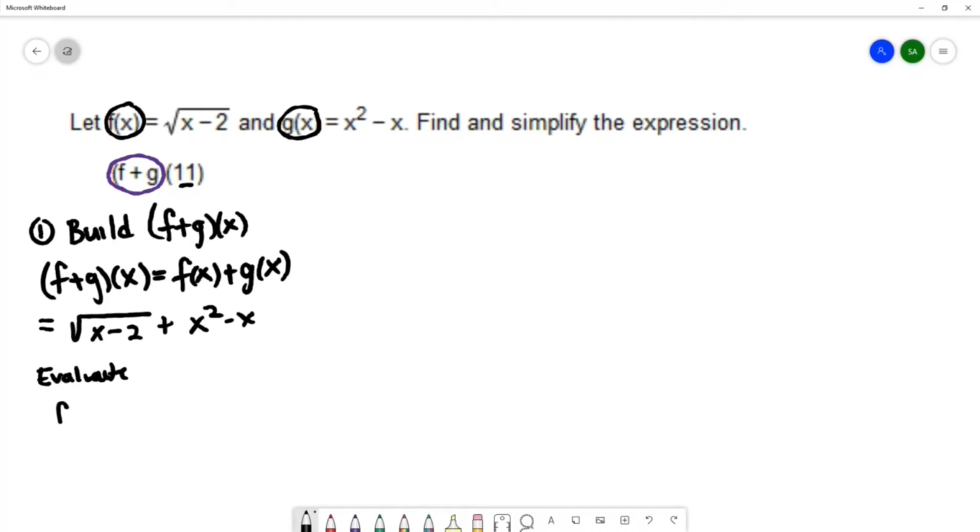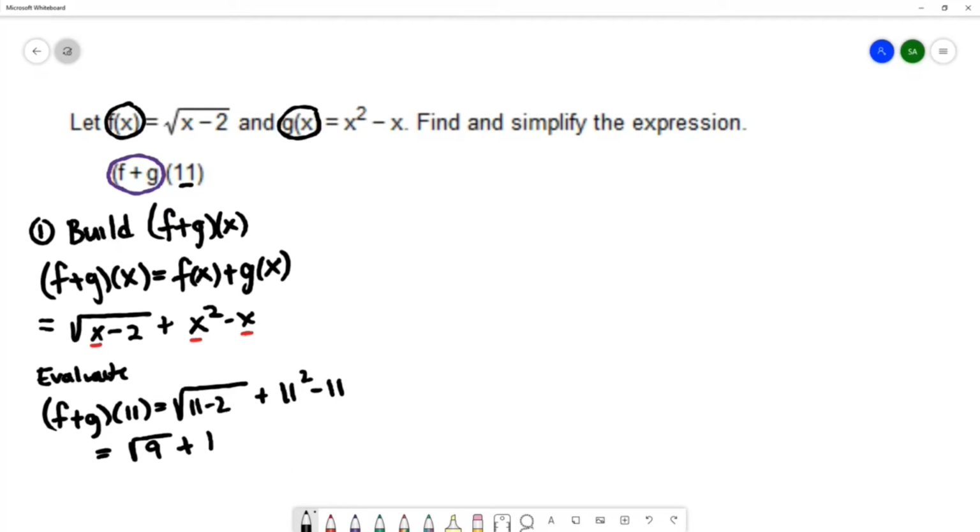We want to find f plus g of 11. So we're going to substitute the 11 in for these values of x in the function. That's square root of 11 minus 2 plus 11 squared minus 11. Square root of 11 minus 2 is square root of 9. 11 squared is 121.